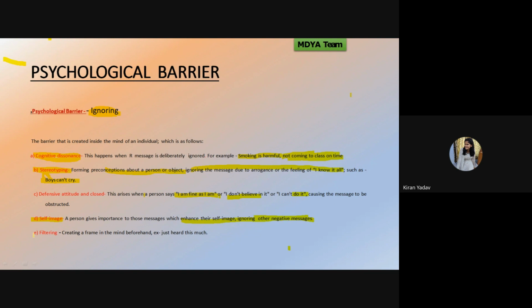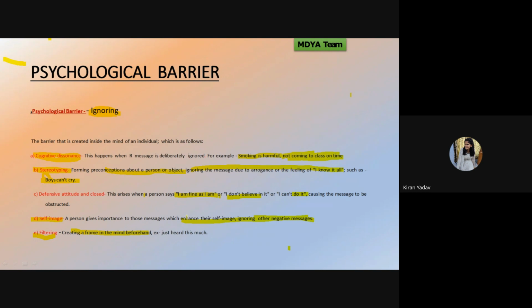Next is filtering. Creating a frame in the mind beforehand. For example, in a company there is a manager doing evaluation of the performance of all the employees.